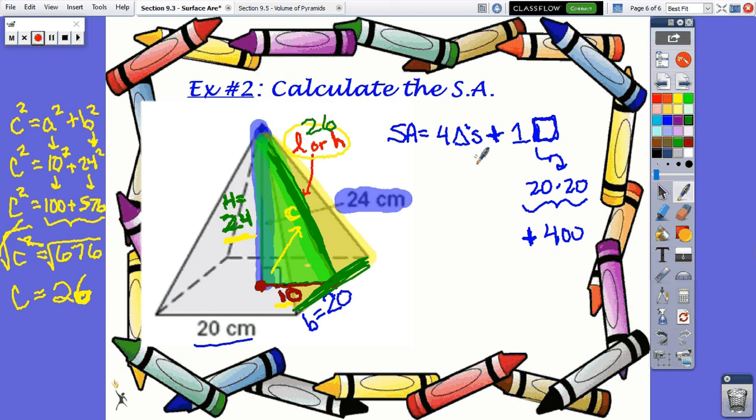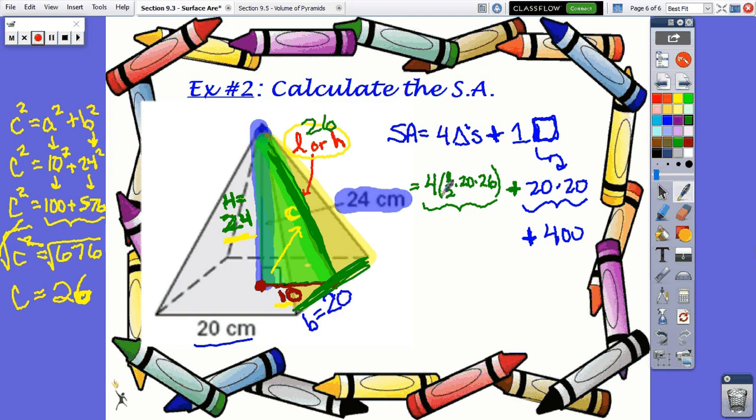So now we can finish off the surface area. We had 4 triangles. Each triangle is going to be 1/2 times base times height, and we just figured out the height of the triangle as being 26. Now we're going to add that to our 400 area of the square.